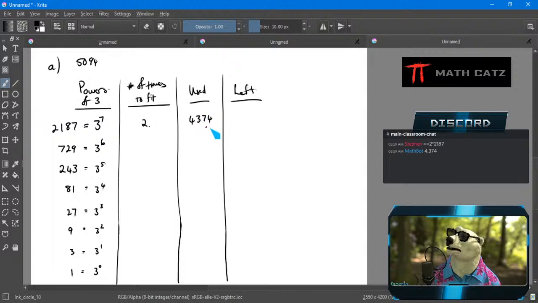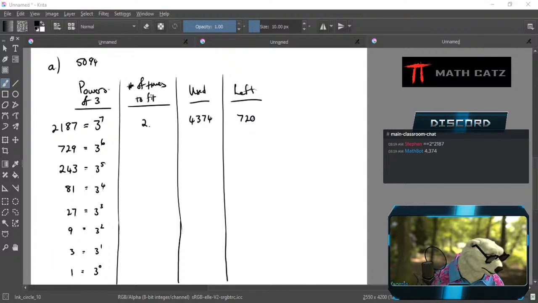Then I have a little bit left. The arithmetic is actually very nice in this case, 720. But you don't have to be confident in that. Let's show it. 5,094.